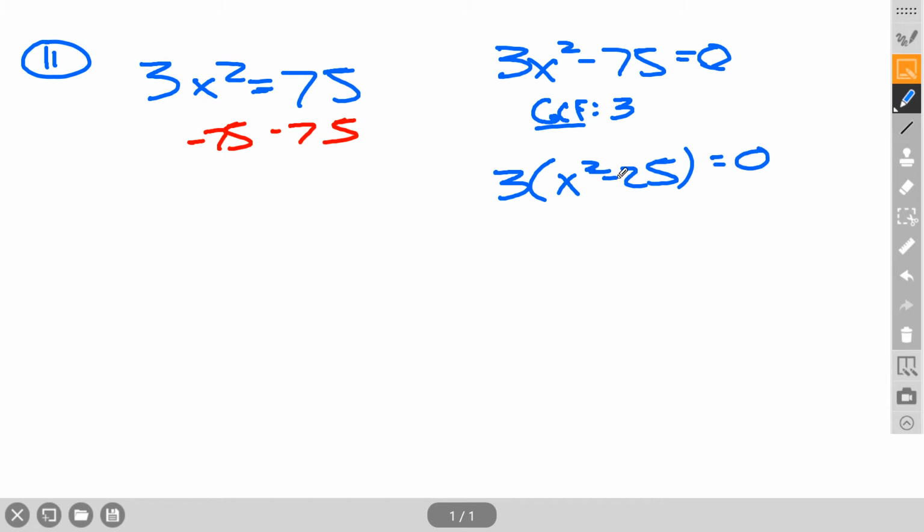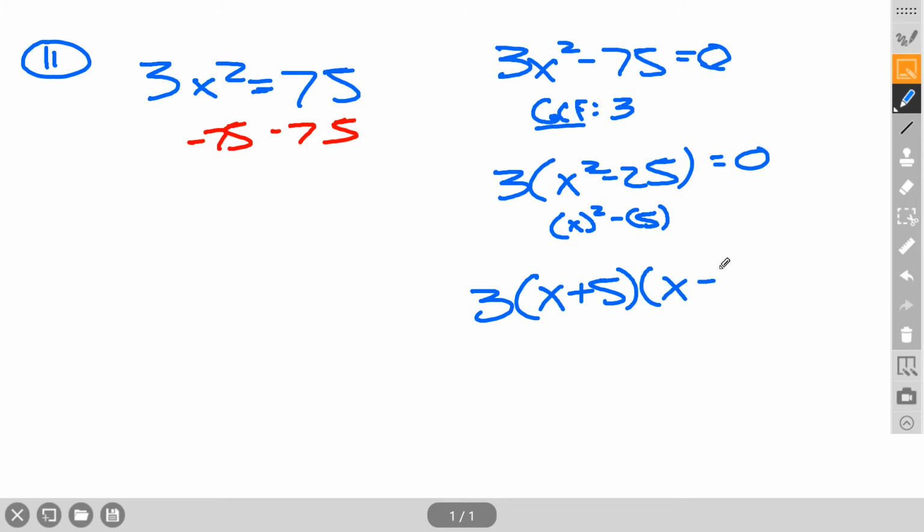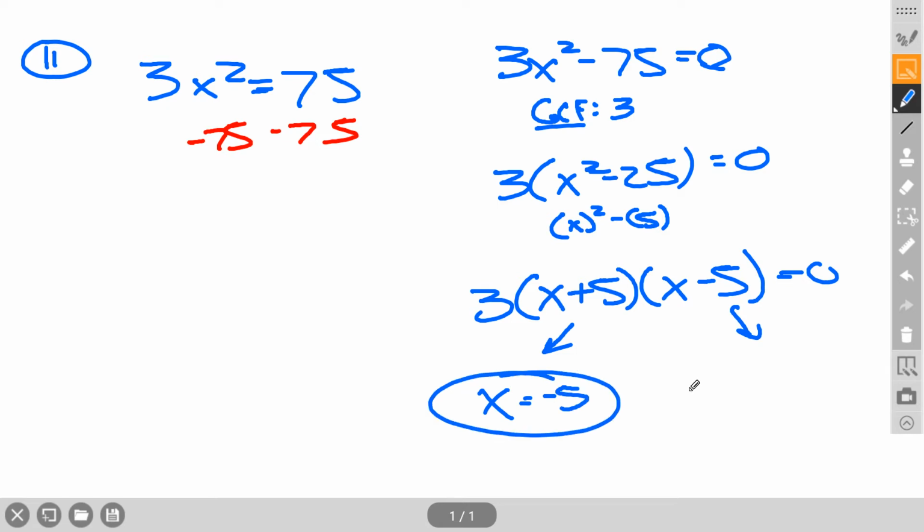I see that x squared minus 25 is a difference of two squares, x and 5. So that means it can factor into x plus 5 and x minus 5, which means that each of these factors gives me a solution, negative 5 and positive 5. And if you had just used square root method, you would have gotten that same answer.